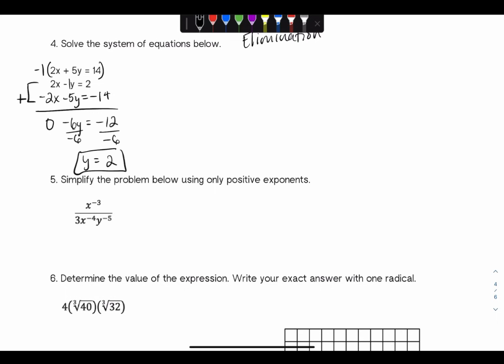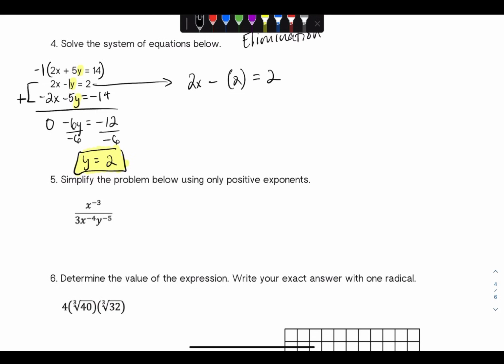And now we'll take that number and we will plug it in, or substitute it, into one of the equations. So it doesn't matter where. I could plug it into any of those 3 equations that I have up there. I guess I'll plug it into the second one. So let's see. Take this one here. I'm going to have 2x minus parentheses 2 equals 2.